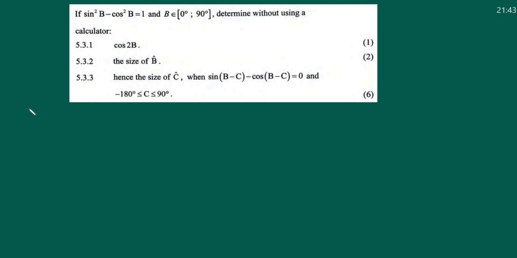So for 5.3.1, they want cos 2 beta, whereas they give you that sine squared beta minus cos squared beta is equal to 1. So what you can do is divide by -1 throughout.